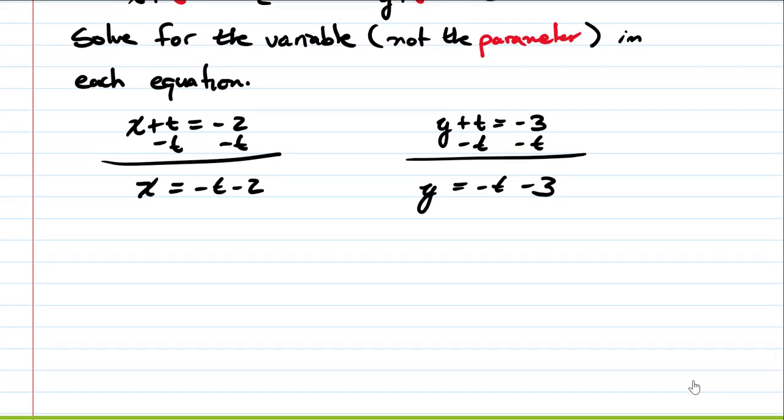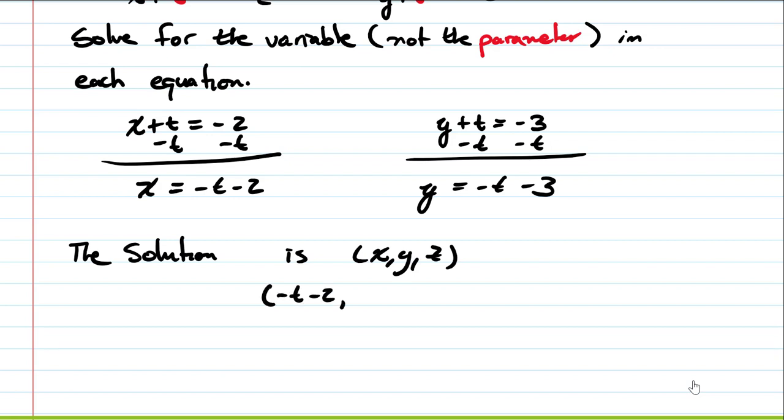So the solution is x, y, z. But remember, z is our parameter. X is -t minus 2. Y is -t minus 3. And z was our parameter, t.